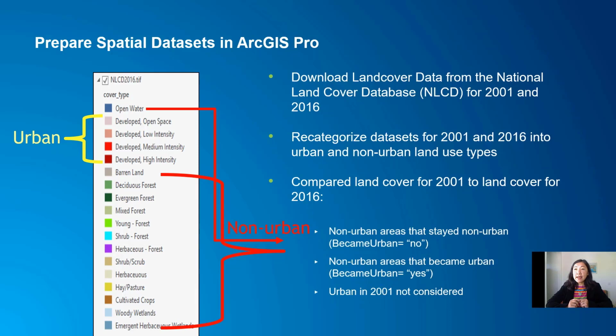Cells categorized as non-urban in both 2001 and 2016 were categorized as become to urban equals no. Cells that are categorized as non-urban in 2001 that changed to urban in 2016 were categorized as become to urban equals yes. Cells categorized as already being urban in 2001 were not considered in our research because the project's focus was on urban growth.